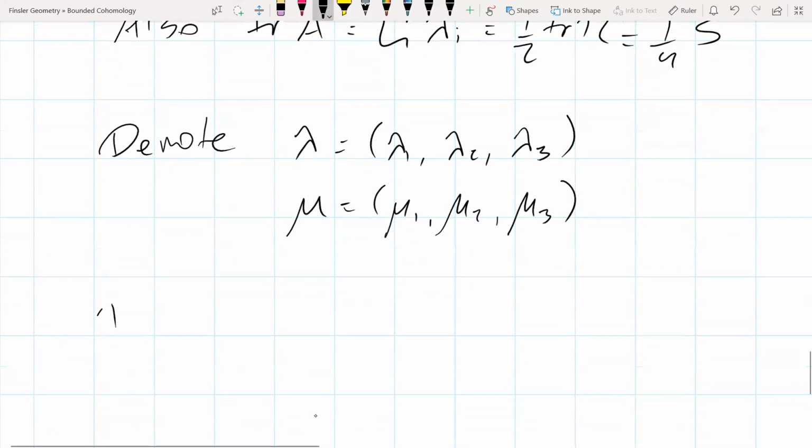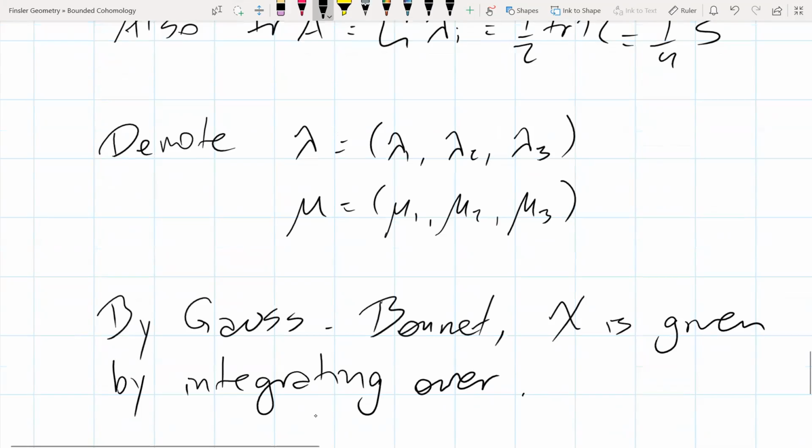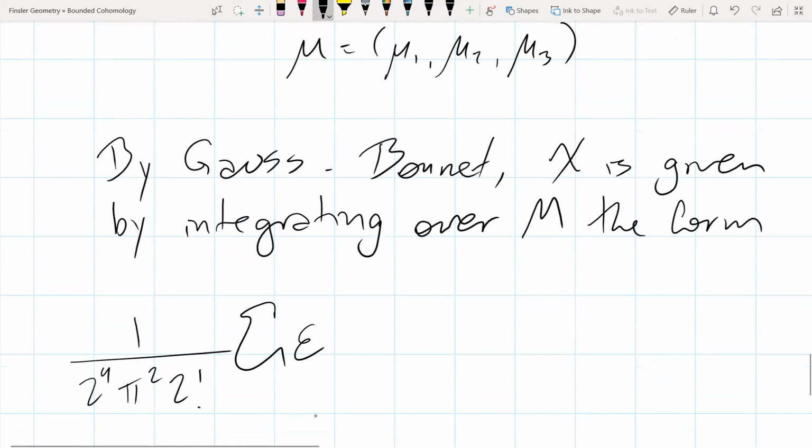Now, by Gauss-Bonnet, the Euler characteristic is given by integrating over your manifold the form 1 over 2 to the 4th pi squared 2 factorial of the sum over permutations sigma of epsilon_{ijkl} Omega_ij wedge Omega_kl.